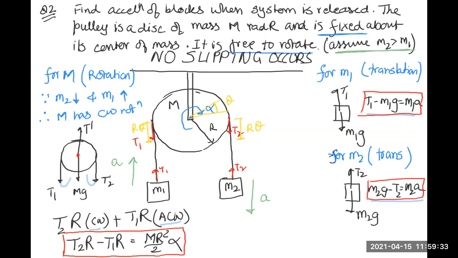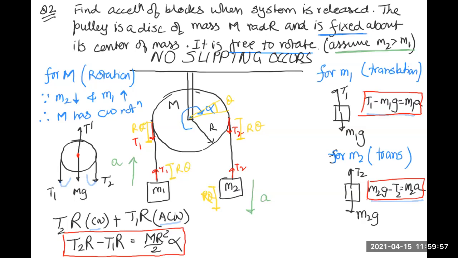Right? So this means that if the angle turned by the pulley is theta, and if the string is increased in length by r theta, this means that this guy goes down by r theta, and this guy goes up by r theta.